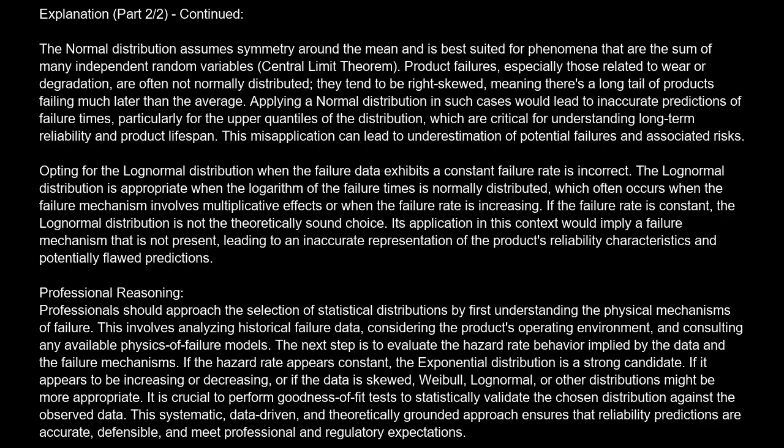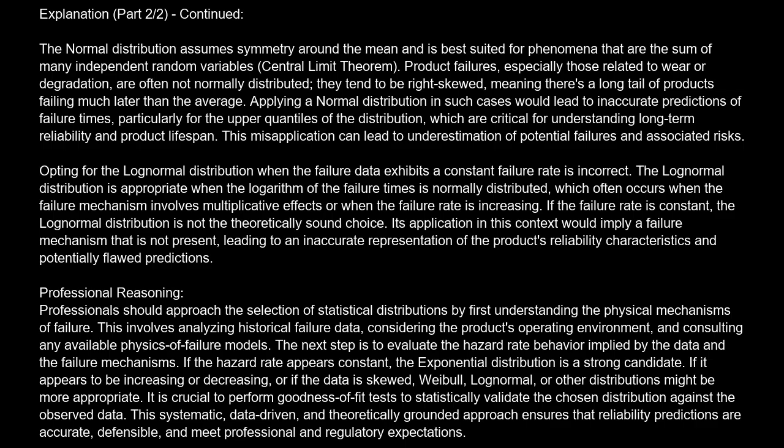They tend to be right-skewed, meaning there's a long tail of products failing much later than the average. Applying a normal distribution in such cases would lead to inaccurate predictions of failure times, particularly for the upper quantiles of the distribution, which are critical for understanding long-term reliability and product lifespan. This misapplication can lead to underestimation of potential failures and associated risks.